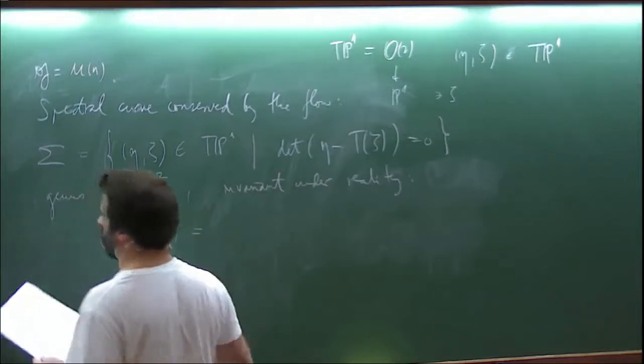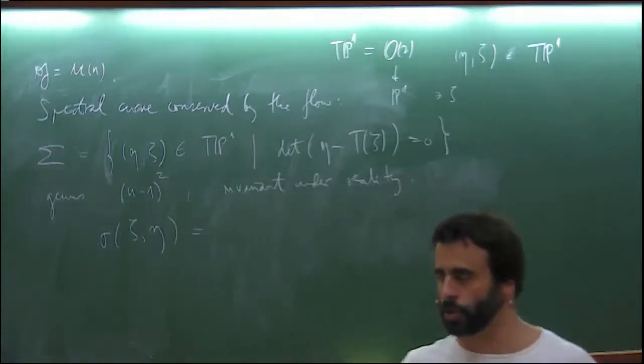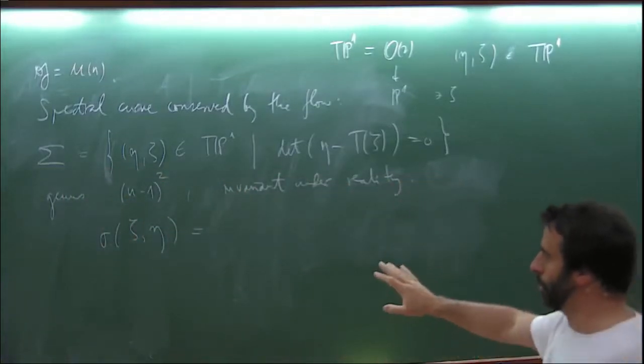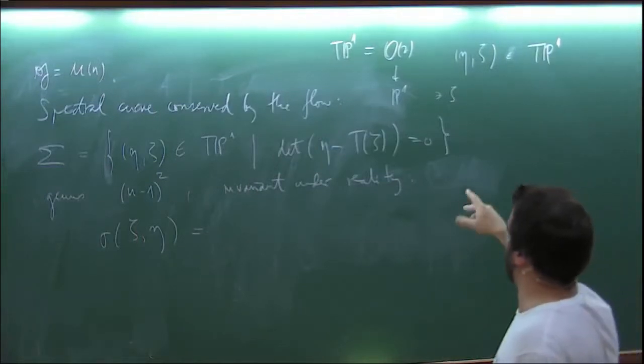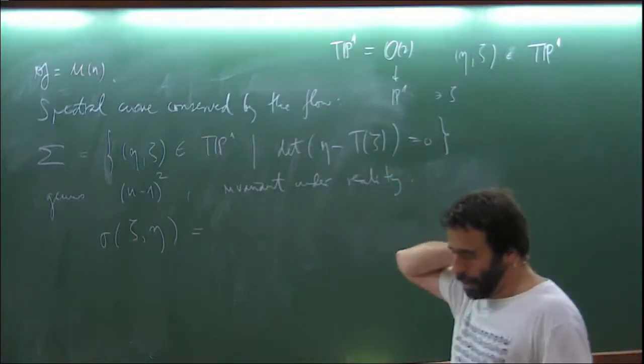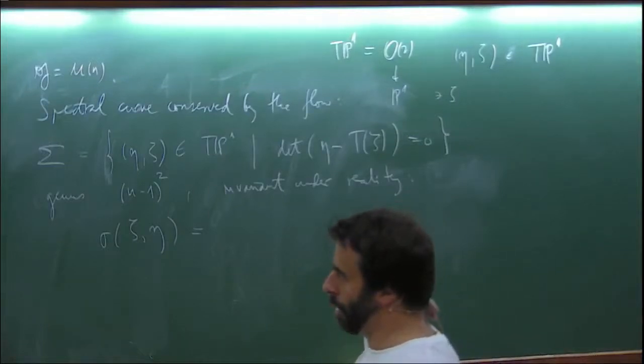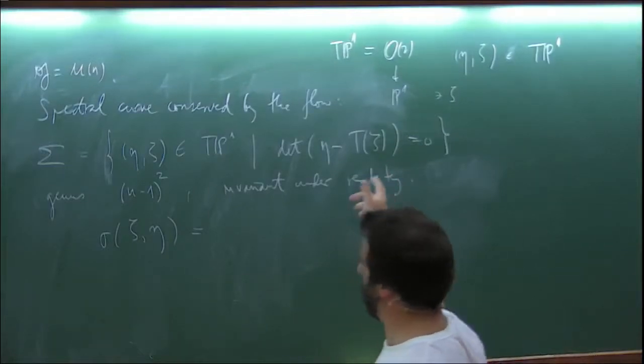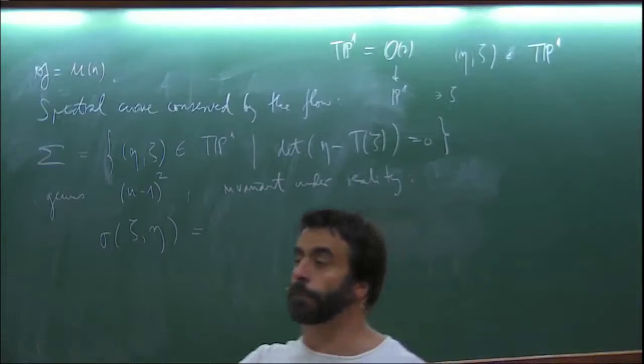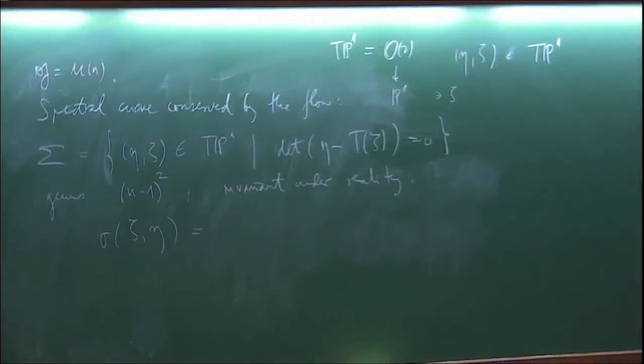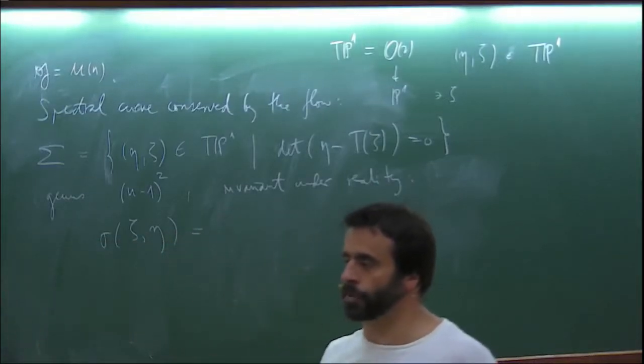If you remember, in the Nahm situation, the relevant reality structure was an anti-holomorphic involution for TP1 that lifted the antipodal map. And the antipodal map has no fixed points.